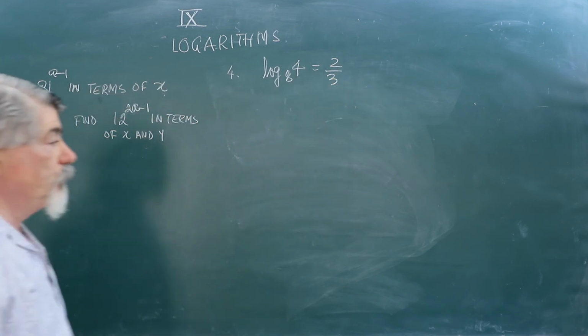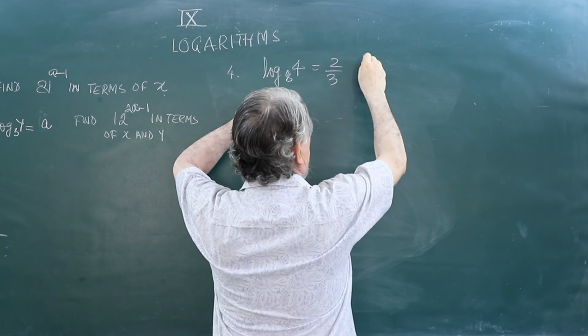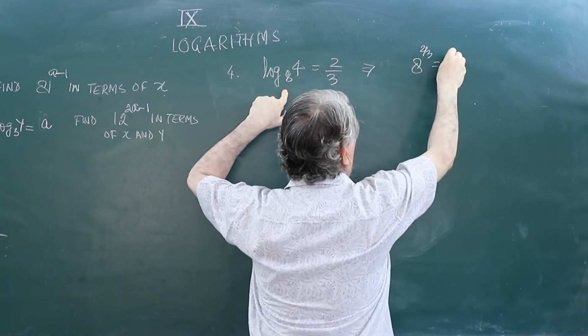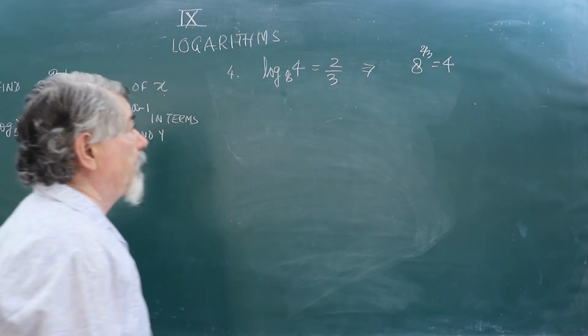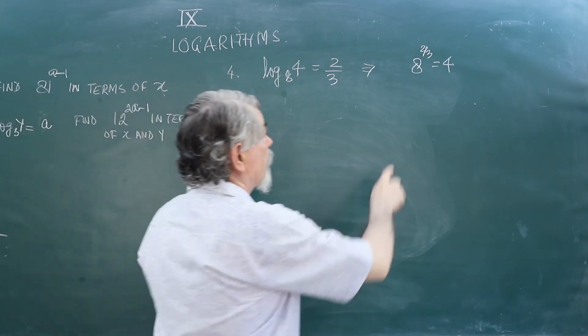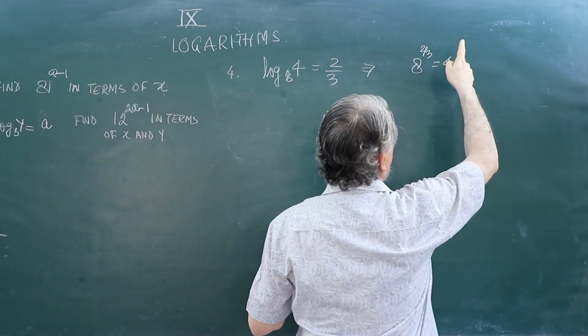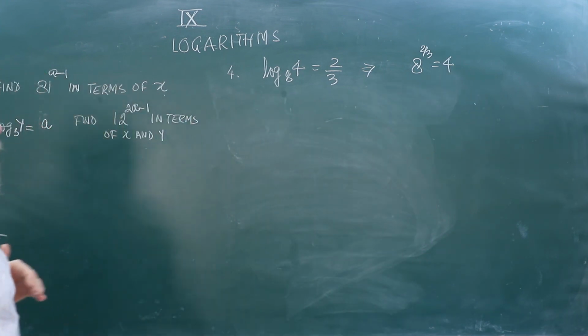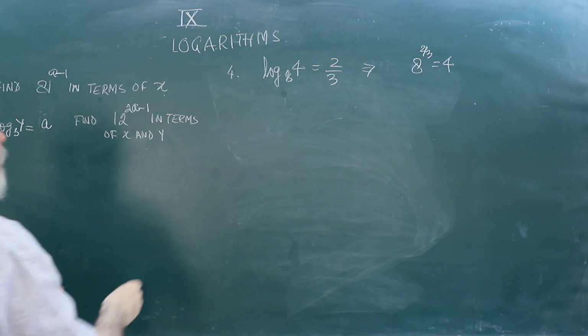Now what do we do? 8 to the power 2 upon 3 is equal to 4. It is changing simply from logarithmic form to exponential form.